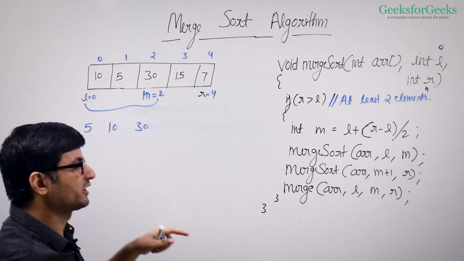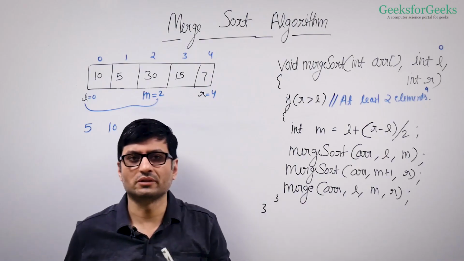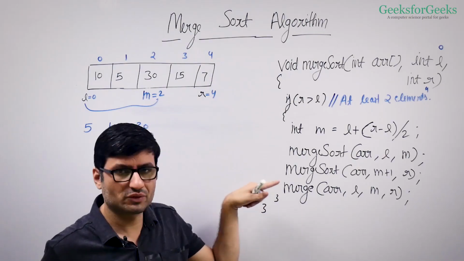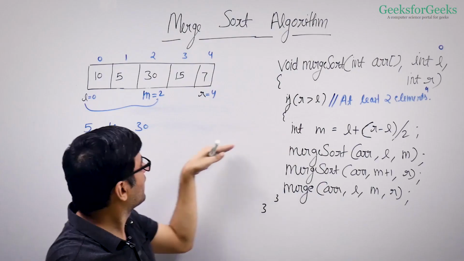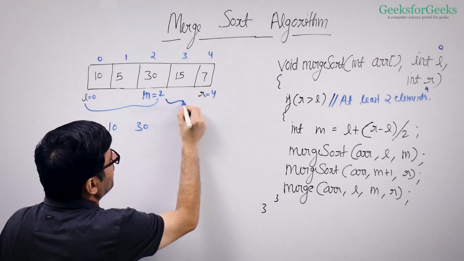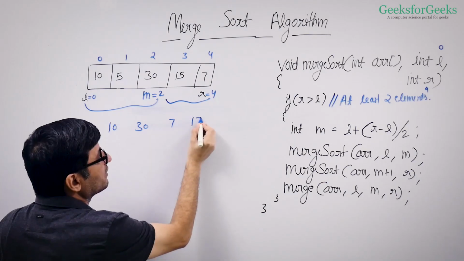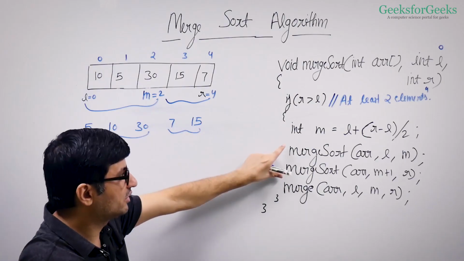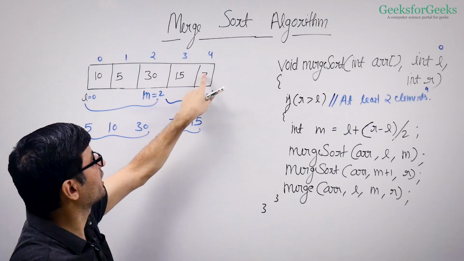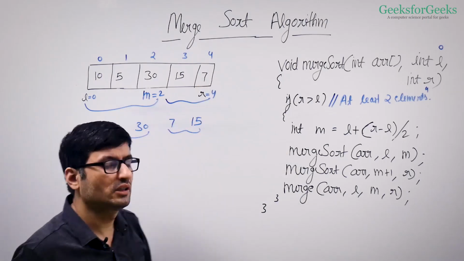We'll discuss in detail how this happens. Actually, it happens due to the merge function. But we recursively sort this left half, and after that we recursively sort the right half. So we get 7, 15. These two sub-arrays of the input array are sorted by these two calls.